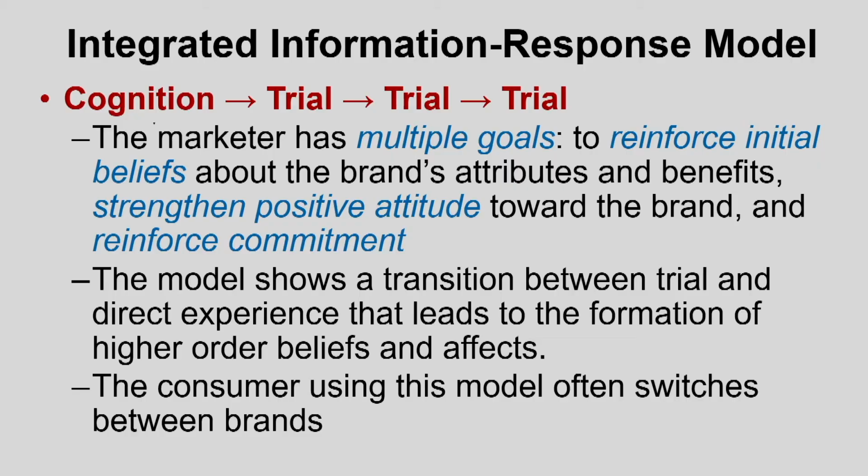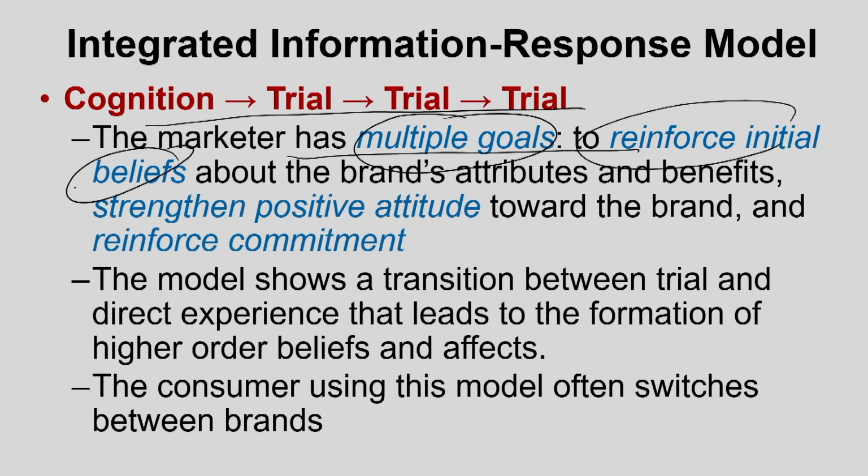The next is cognition trial, worst kind of advertisements or worst kind of model. The marketer has multiple goals here. What does the marketer actually want here? To reinforce initial beliefs, to start a belief system. People do not know about this product, so a belief system is built about the brand's attributes and benefits, strengthen positive attitude.